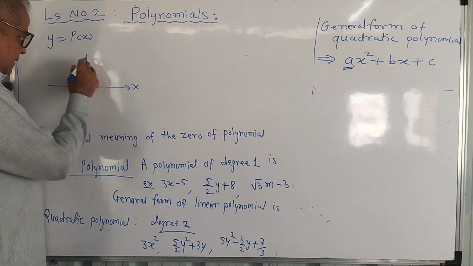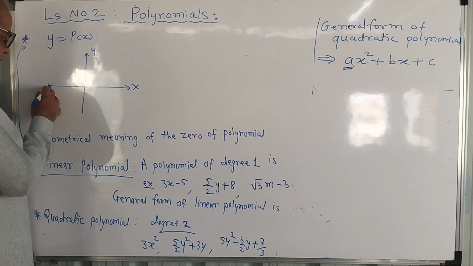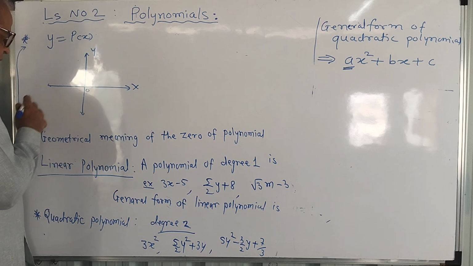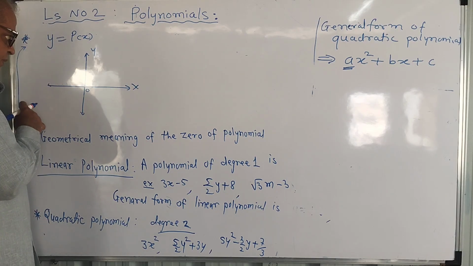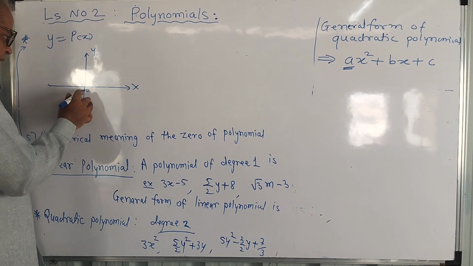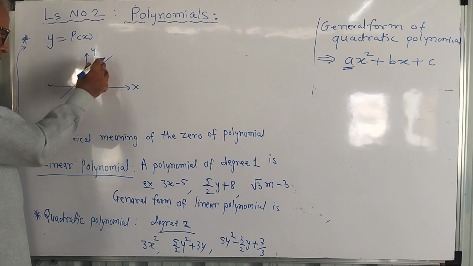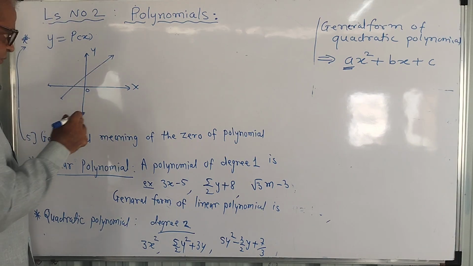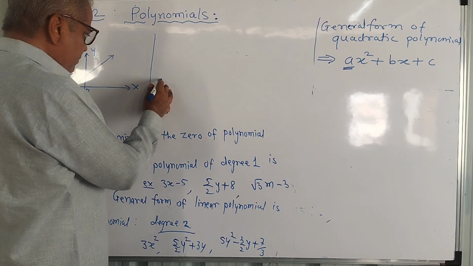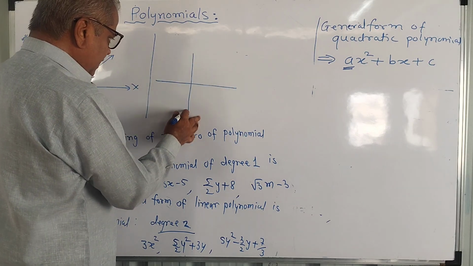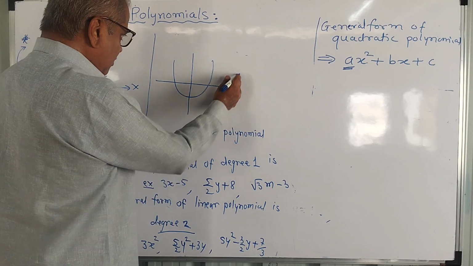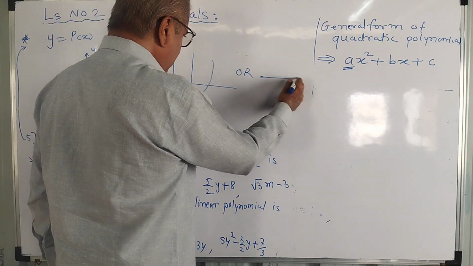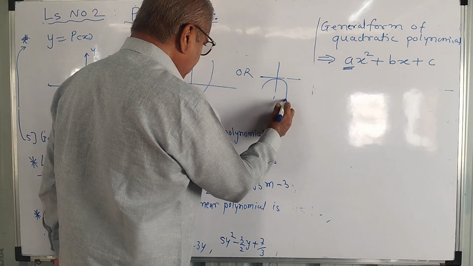This is x-axis, this is y-axis, origin, and if you plot the graph for this polynomial, if it is linear polynomial, it will be a straight line like this. If quadratic polynomial, the graph will be like this, or maybe like this.